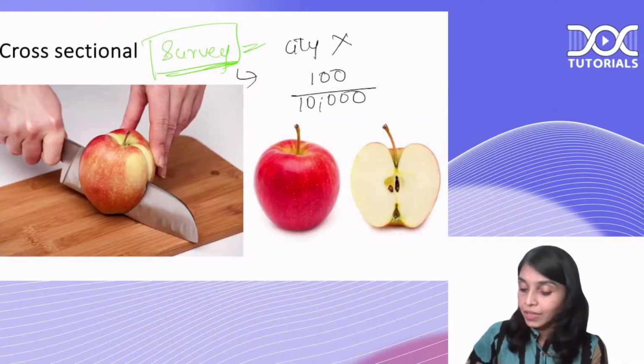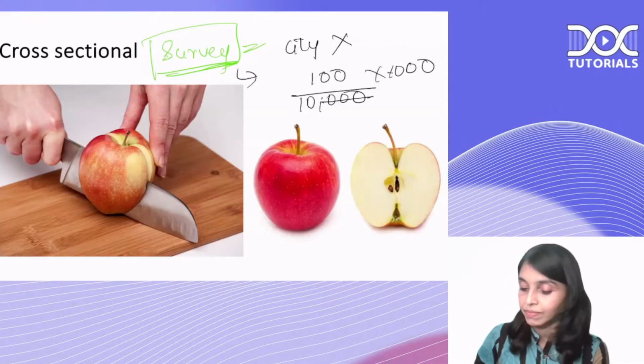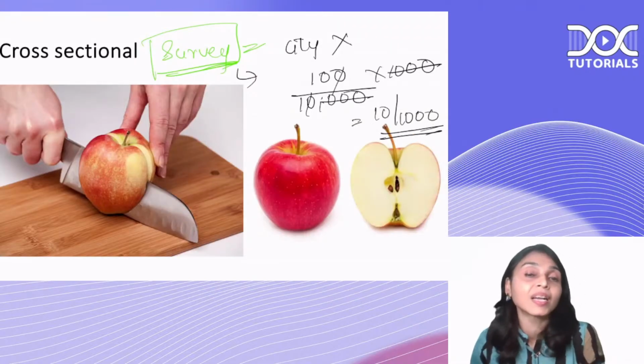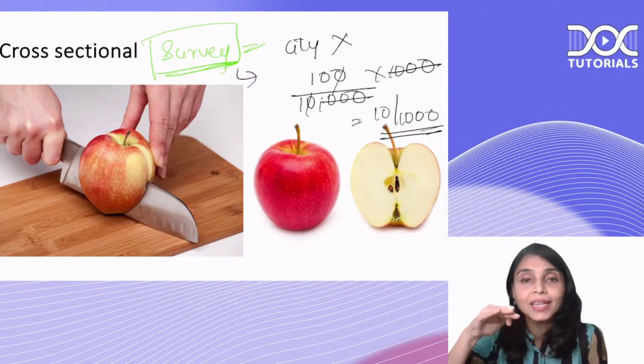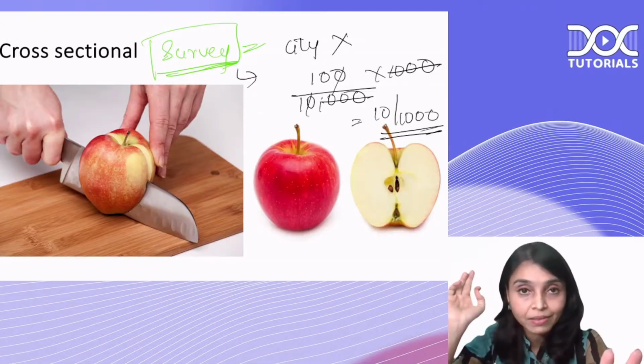If I multiply that by 1,000, that means 10 per 1,000 were having COVID as of December 13th.